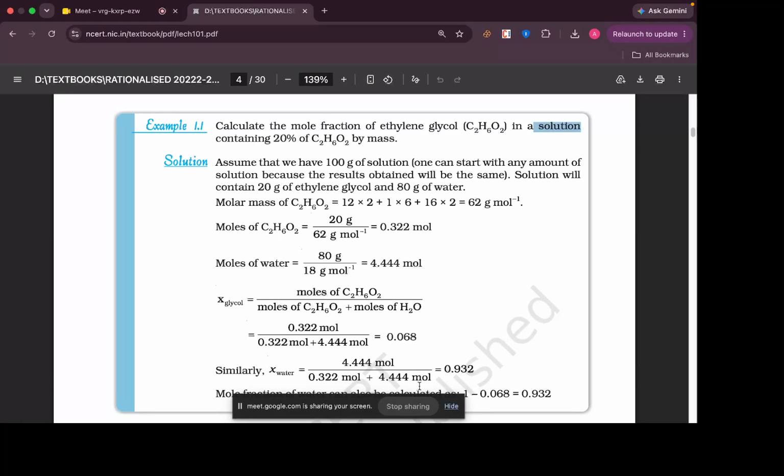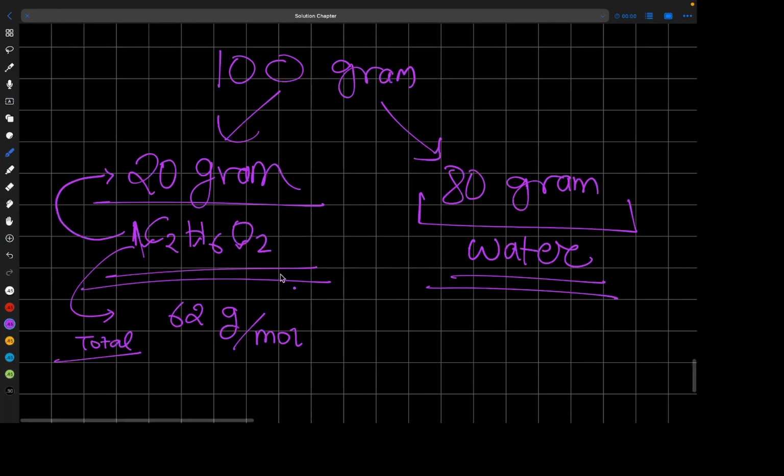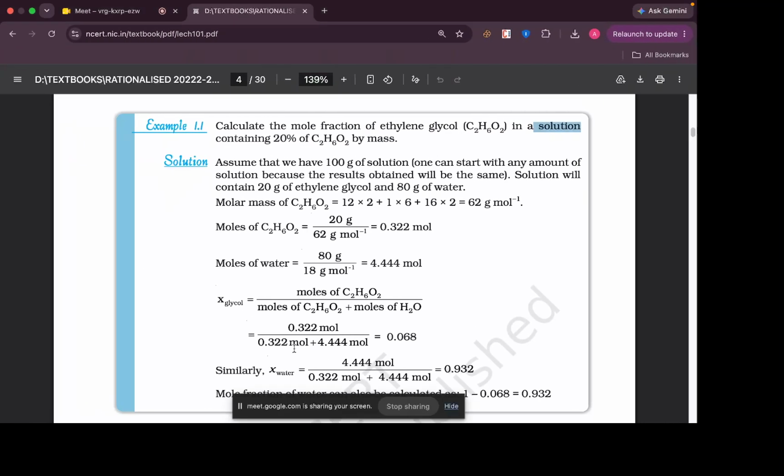Now what will be our next step? Okay, sir, I got to know 100 gram: 80 gram is water, 20 gram is C2H6O2, and I got 62 gram per mole. Till here we know everything. But what do we need to find? We need to find the mole fraction.